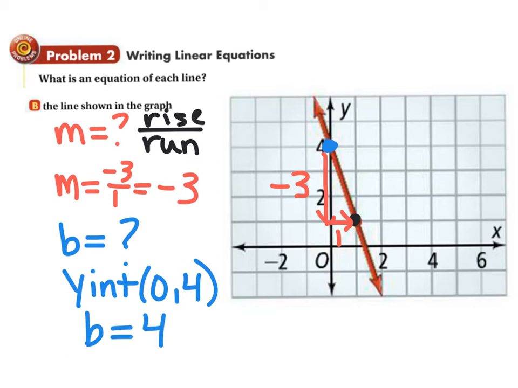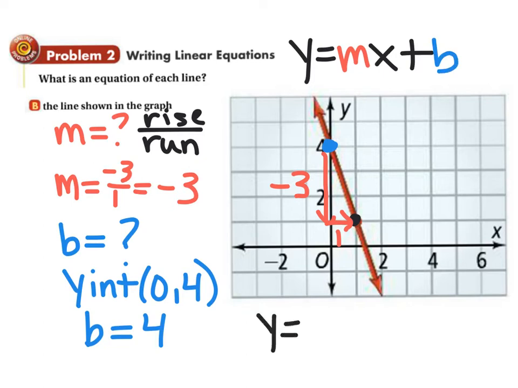So the equation of the line, again using the y equals mx plus b form, is y equals negative 3x plus 4.